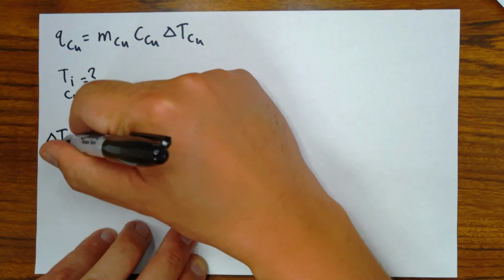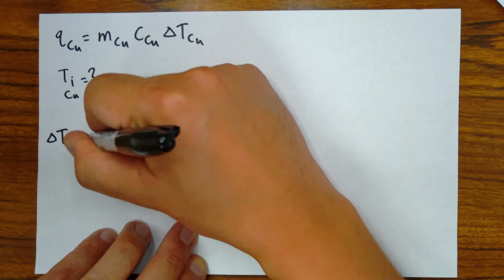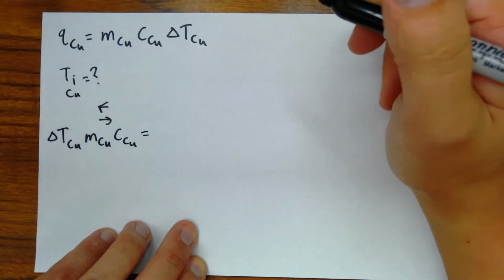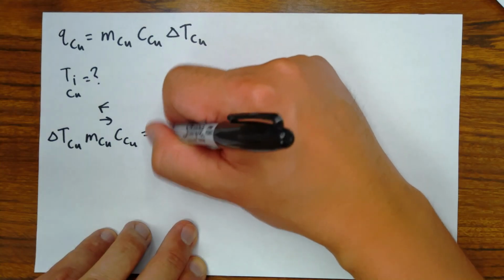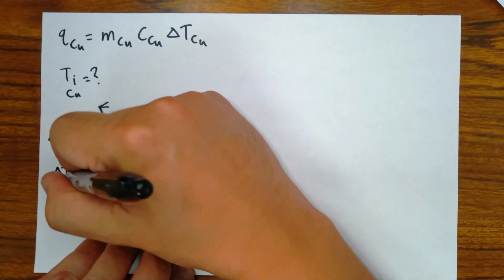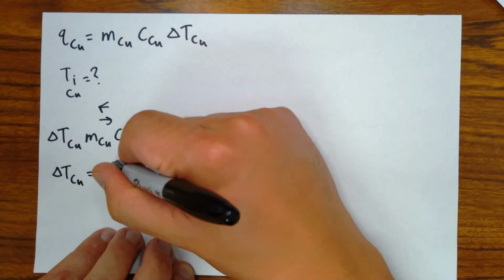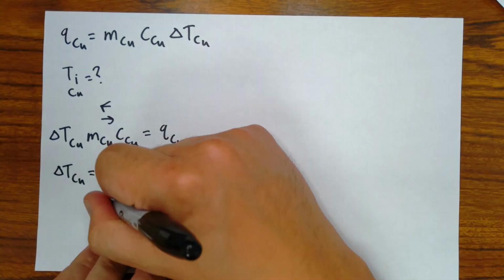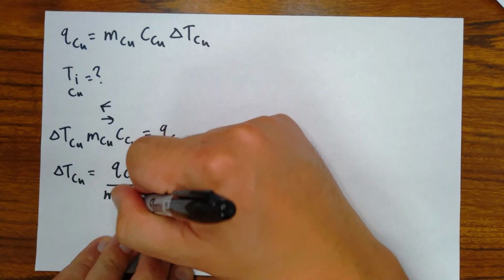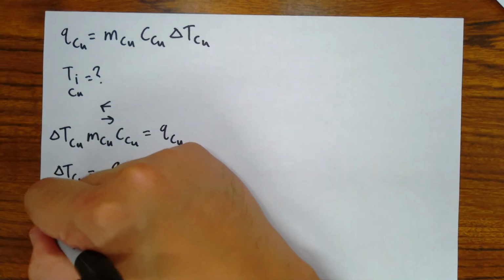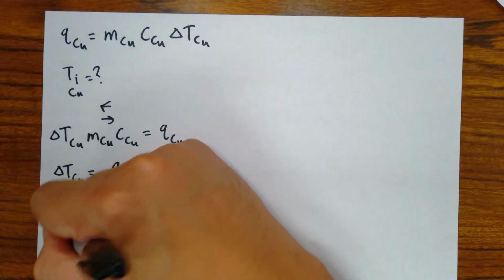Delta T_Cu, m_Cu, c_Cu equals Q_Cu. Delta T_Cu equals Q_Cu over m_Cu, c_Cu. Delta T is T_f minus T initial.